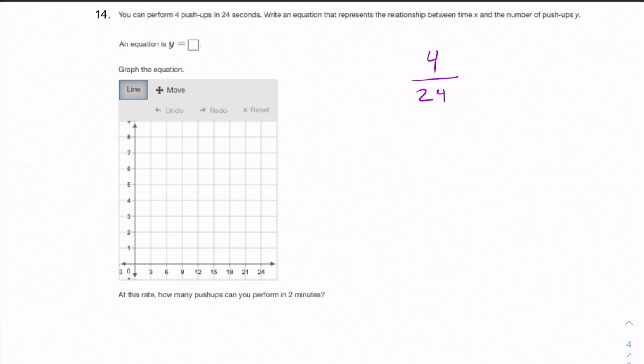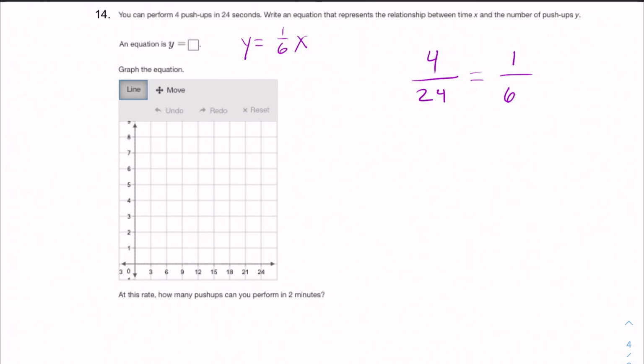And if we simplify that fraction, that would mean that you could do 1 push-up in 6 seconds. So if I was going to make an equation out of this, I would say y equals 1 over 6x. That means 1 push-up for 6 seconds, and then x is the amount of time that goes by, between x and the number of push-ups y.